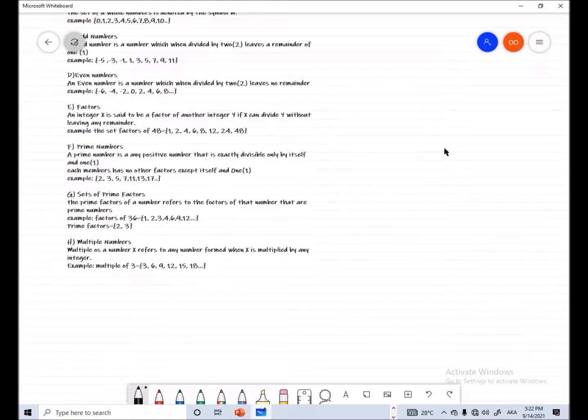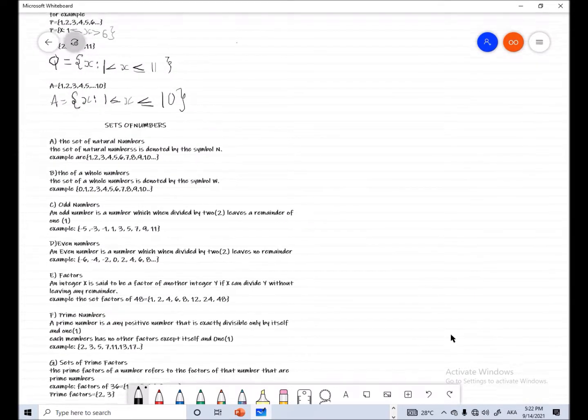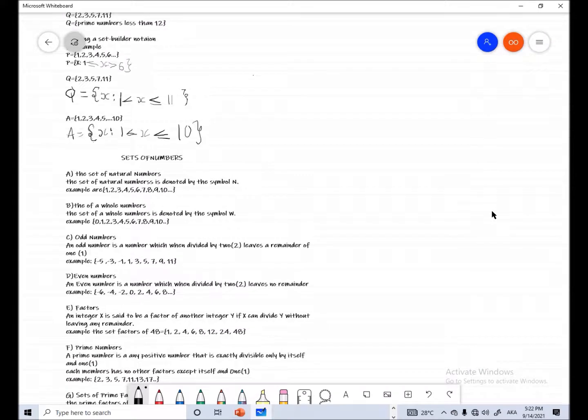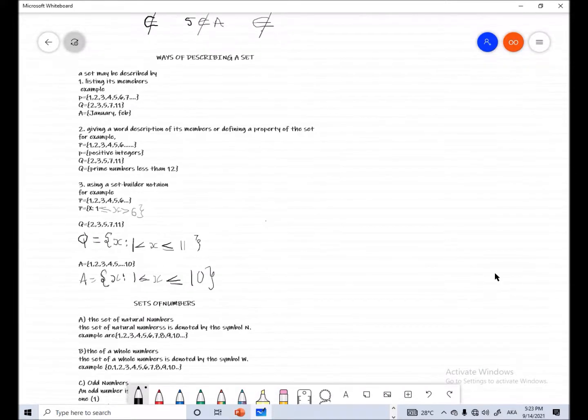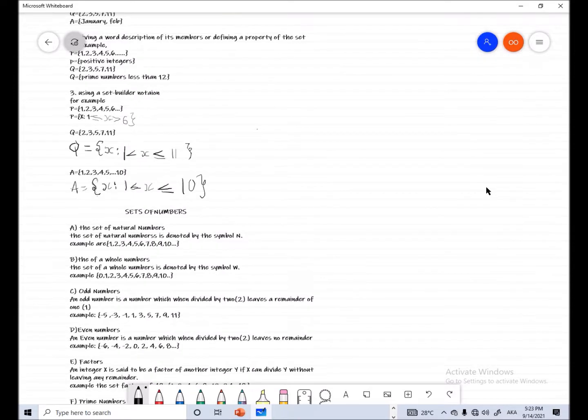Alright, so let us wrap up today's lesson and continue next time. We talked about ways of describing a set. You know that there are 3 ways of describing a set. We can list the numbers, we can make a description with a property, and then we use set builder notation.